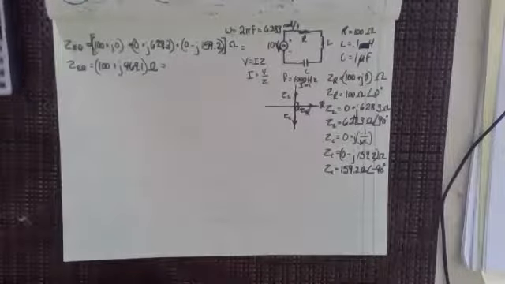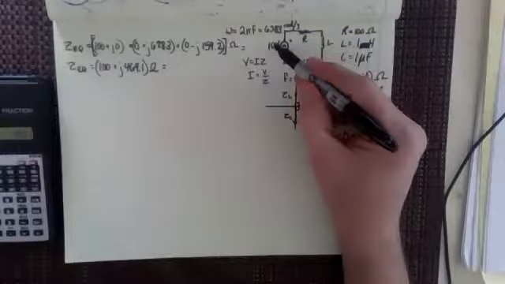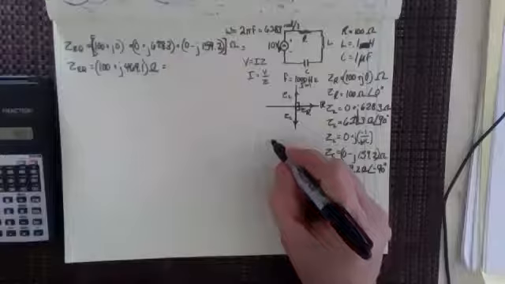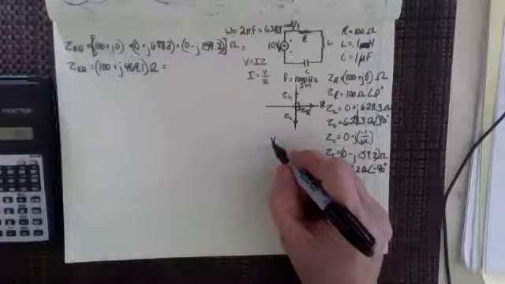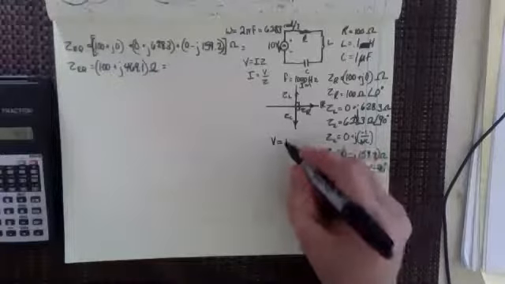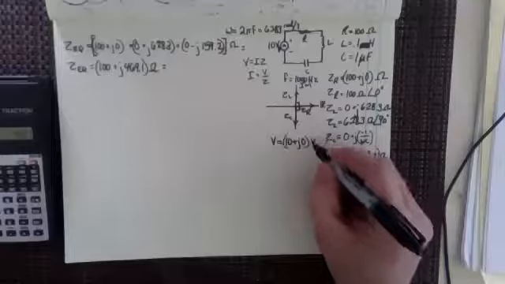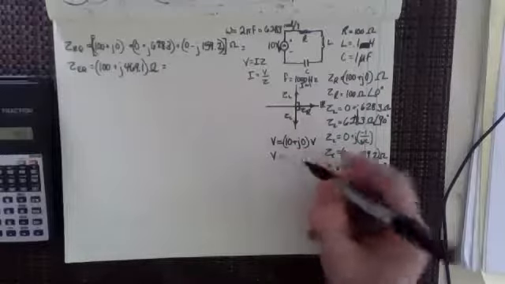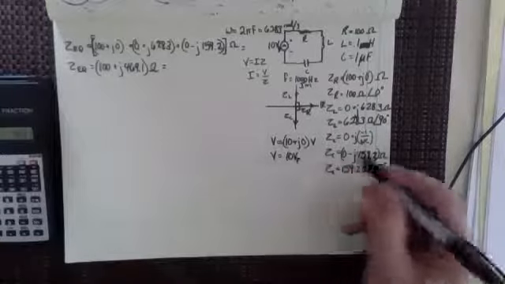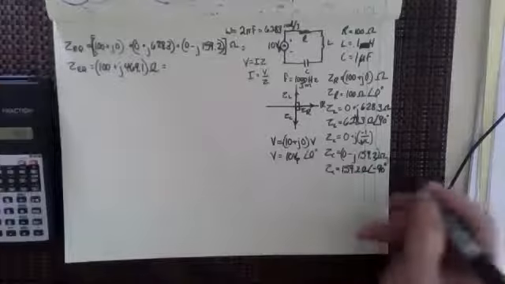So I want to find out I, of course, and we know what V is because V is a 10 volt peak reference form. The way that I would write that is 10 plus J0 volts. Or I could say that V is equal to 10 volts, and of course, I'm always talking about the peak voltage, aren't I? At an angle of 0 degrees.